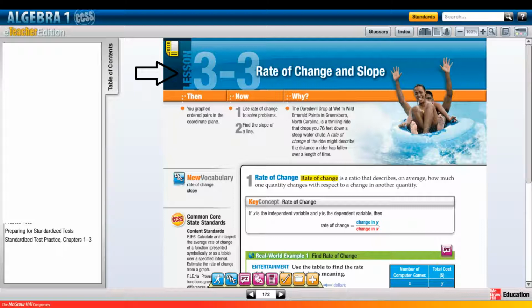Thus, it's a comparison between two different values, but this comparison is not a fraction, it's just a ratio, okay? So the ratio or rate of change is a ratio that describes on average how much one quantity changes with respect to a change in another quantity. Okay, so how much a quantity changes with respect to another.